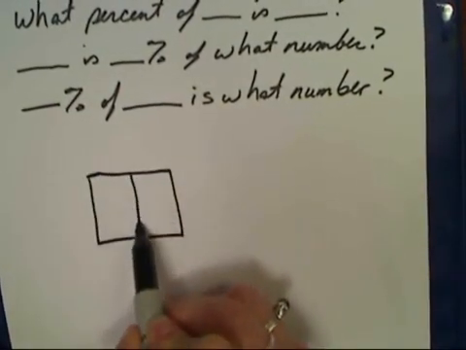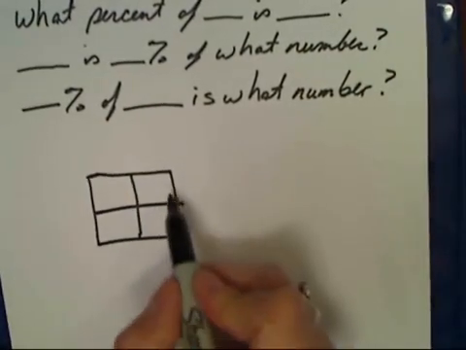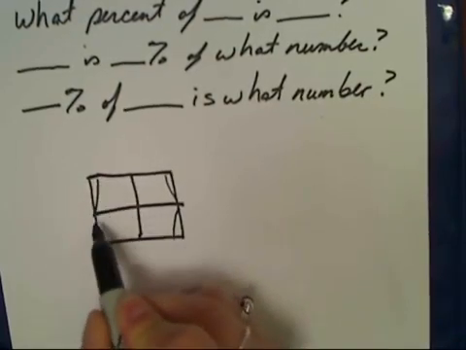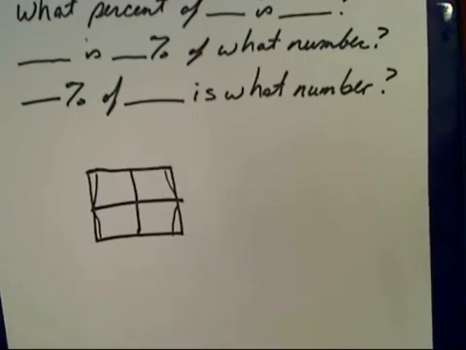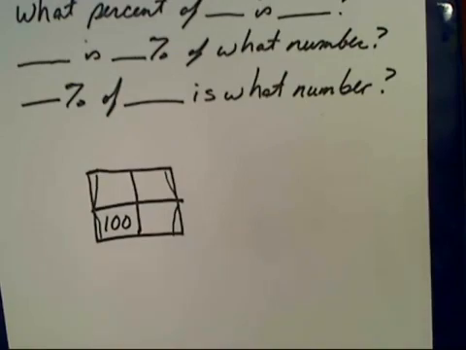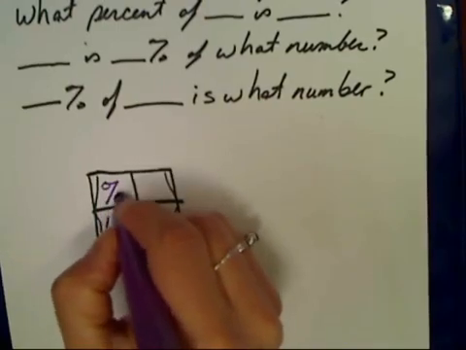I think it kind of looks like a window because you put the little panes in, or a present. Or here are my curtains hanging in my window. Makes me happy. Okay, anyway, in the lower left-hand box, you will always put the number 100. Above that is always the percent.